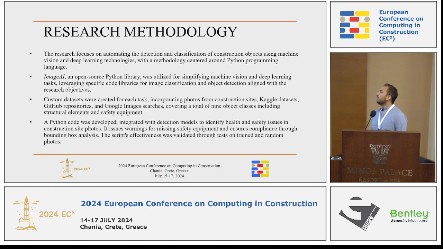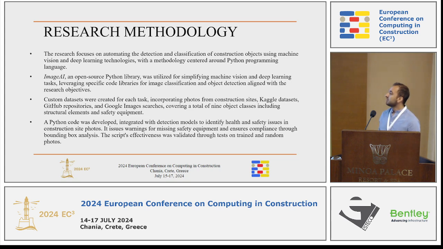This research focuses on automation of detection and classification of construction site objects with a methodology centered around the Python programming language. Specifically, the ImageAI Python library was utilized for the purposes of this research, which is based on the Keras and TensorFlow Python libraries.